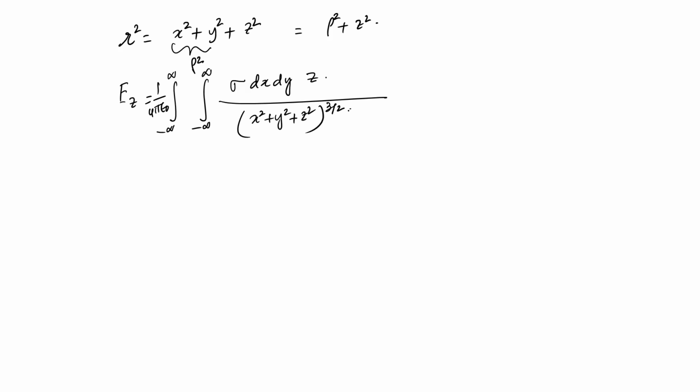There is a bit of a problem in doing this integral, because it is not a very convenient integral to do, since the limits are minus infinity to plus infinity, and you have a dx dy in the numerator with these x square, y square and z square. But if you transform it into the polar coordinate system, it becomes easy, because your dx dy becomes equal to rho d rho d theta, right. If you do this integral, it will give you pi r square.